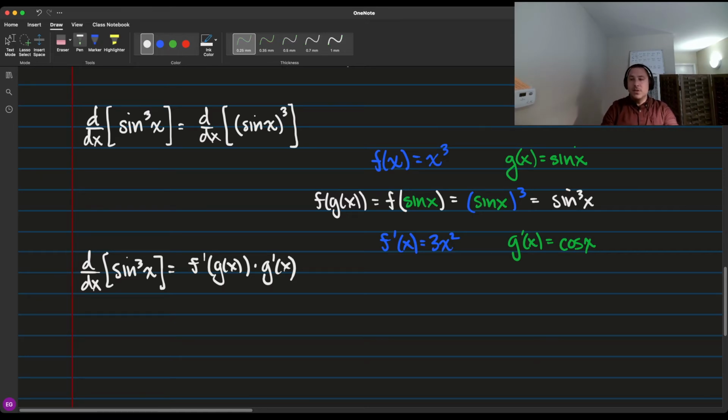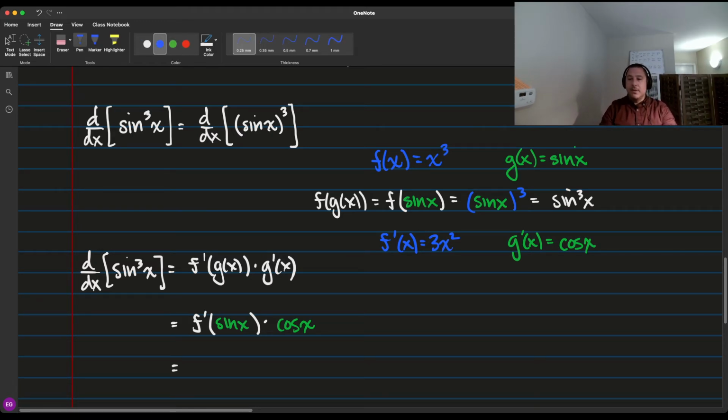So you start going and plugging things in. I need f prime of g. What's my g? My g is sine x. And then I need to multiply by g prime. My g prime is cosine x. What is f prime? Well, f prime is 3x squared.